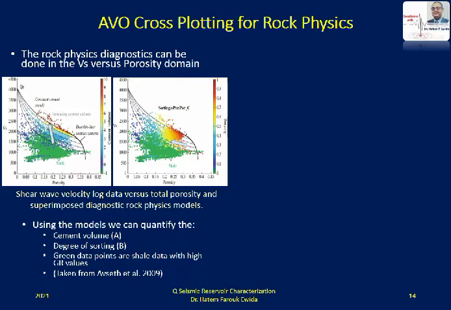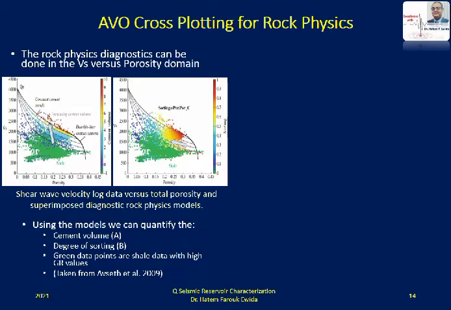So using the model, we can quantify the cement volume, we can quantify the degree of sorting of the data, we can see the lithology, like the shades that we see here, and see the effect of the gamma rays that was read in the windows.